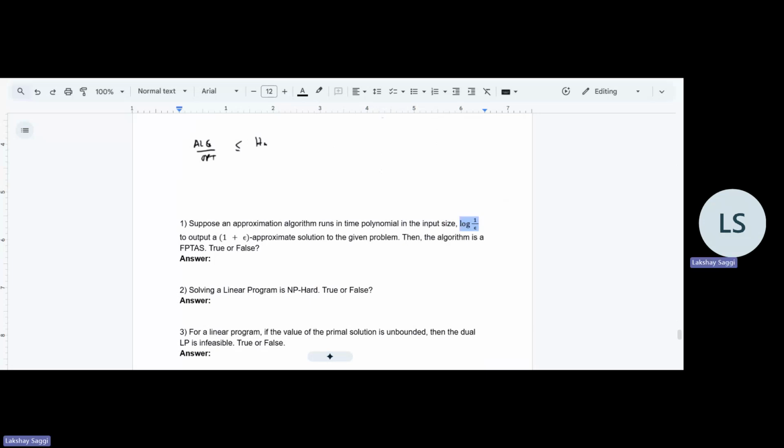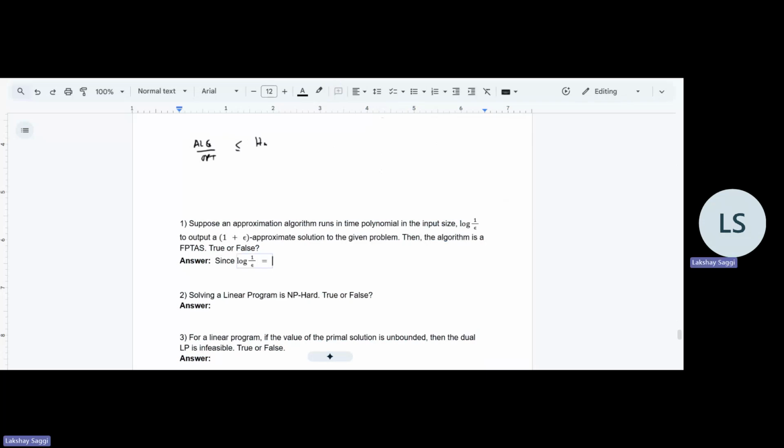So this is also an FPTAS only, because log of 1 over epsilon is actually faster than 1 over epsilon.